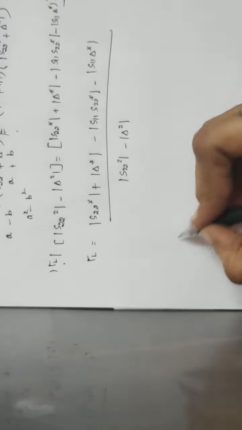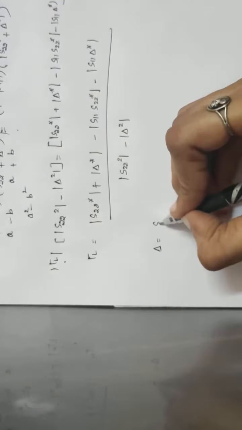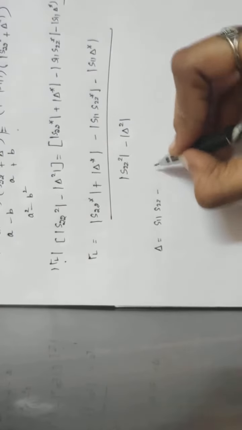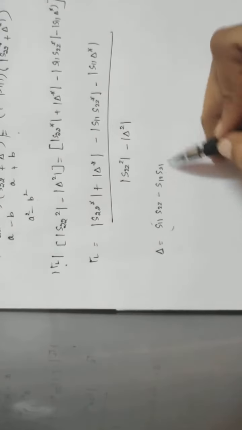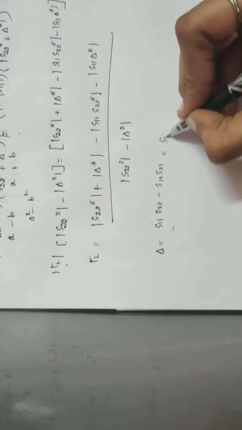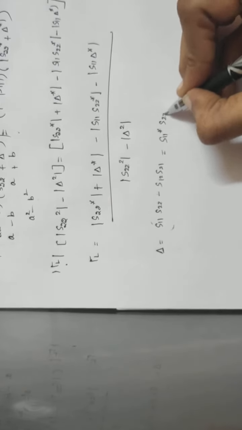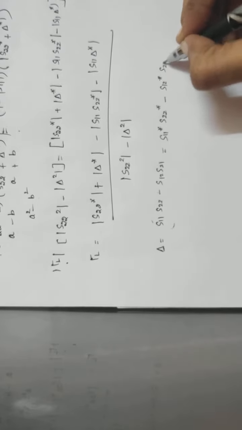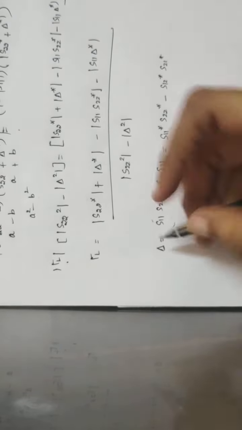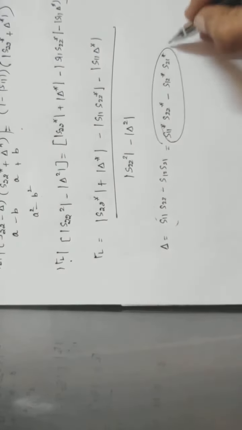Now what is del conjugate? We know del is equal to S11 S22 minus S12 S21. So the conjugate of this becomes, take conjugate of all the S parameters. So it is S11 star S22 star minus S12 star S21 star. So this is your del star value.